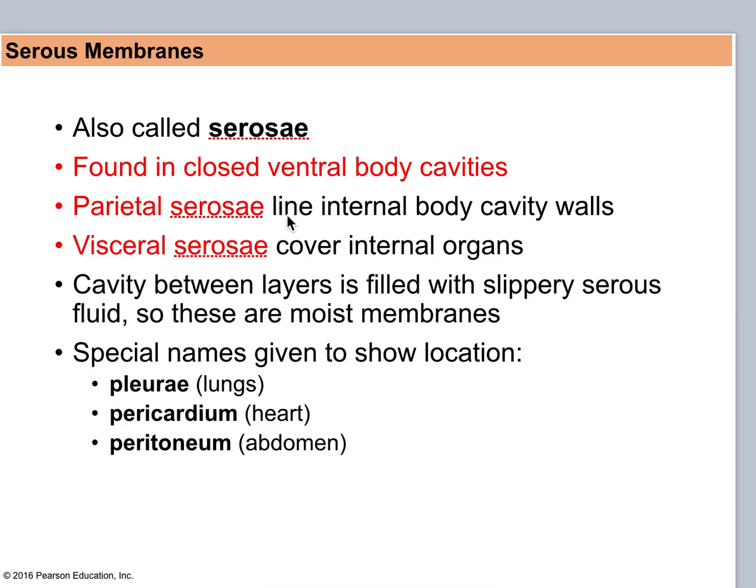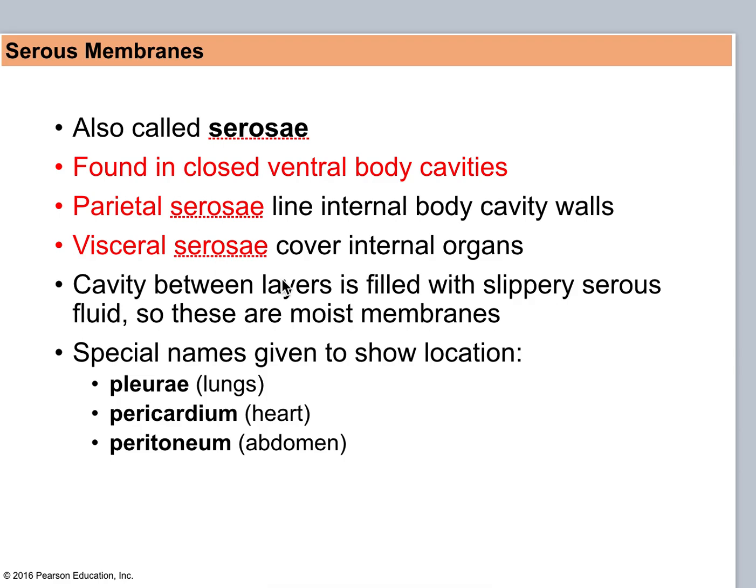Remember, the serous membrane has two layers. There's a parietal layer and a visceral layer. The parietal layer lines the internal body cavity walls, whereas the visceral layer lines the internal organs. Between these two layers, there's a cavity that's filled with slippery fluid that allows for movement of the organs within the abdomen and pelvis and thorax, so there's not an obstruction to the movement.